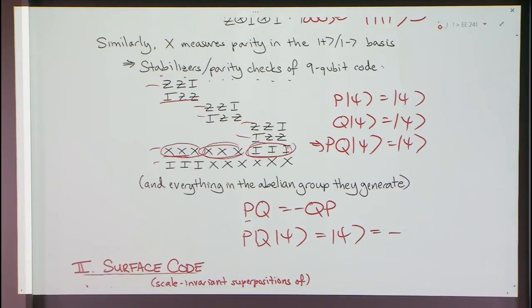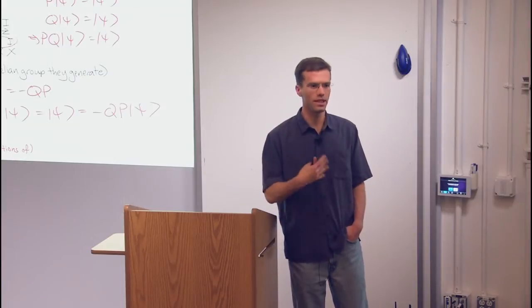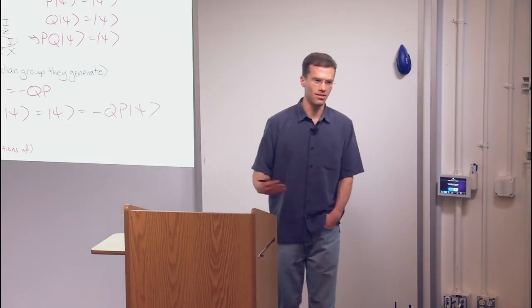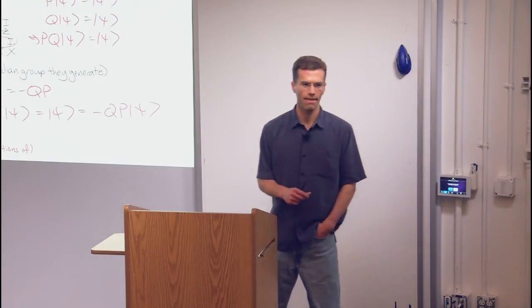So every time you're anti-commuting 2 Z's with 2 X's, you don't get any sign. These guys commute. So commuting has to happen, or the definition of the code just gives you nothing. But why 2 Z's?